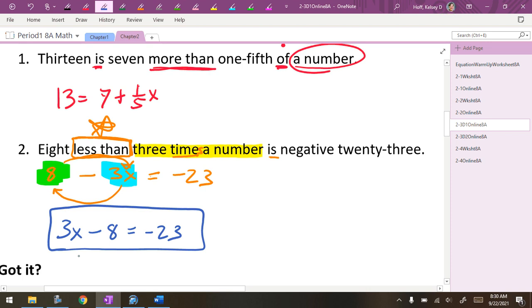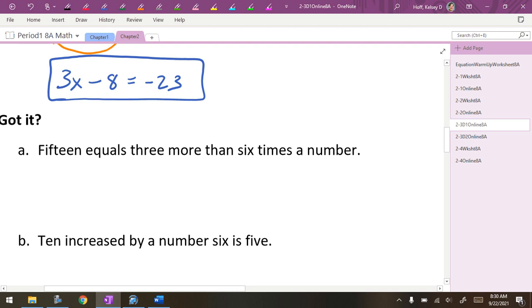Okay, I'm going to read got it A out loud. See if you can write the equation on your own, and then I'll call on somebody. Underline the words first and then translate it. A says 15 equals 3 more than 6 times a number.